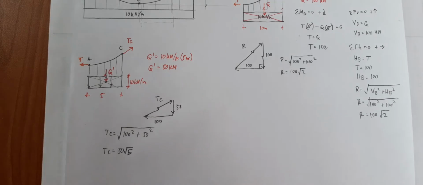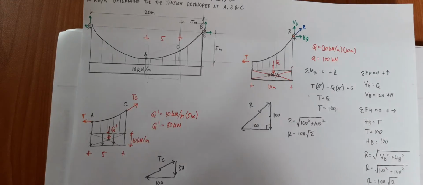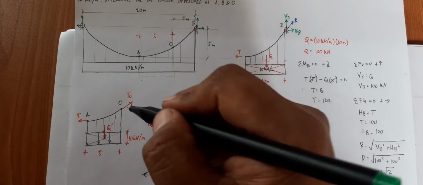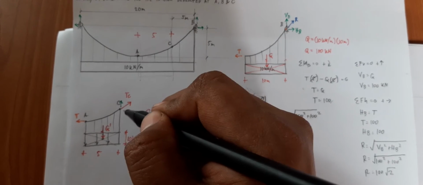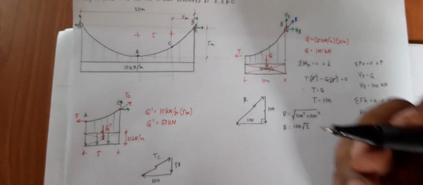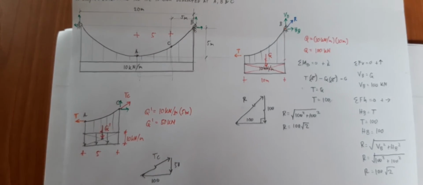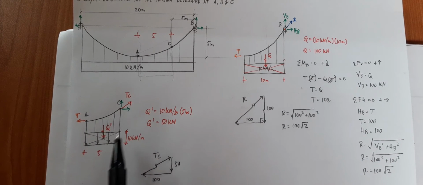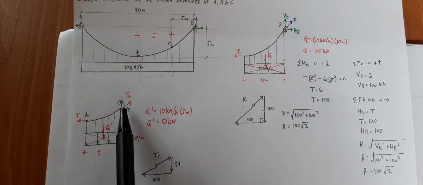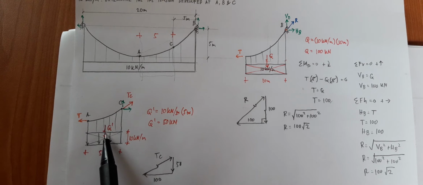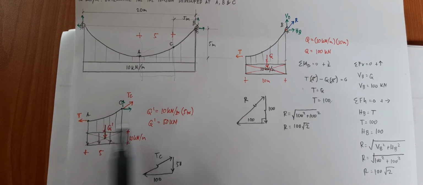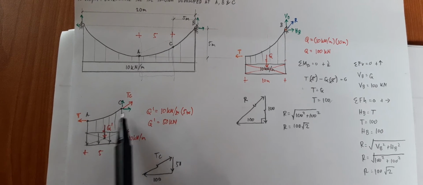Again, if you want to make use of mechanics, TC can be broken down into its components, vertical component and horizontal component. And then with that, summation of forces vertical: you have the vertical component of TC and Q, so vertical is equal to 50. And then horizontal, you have this one and that one.